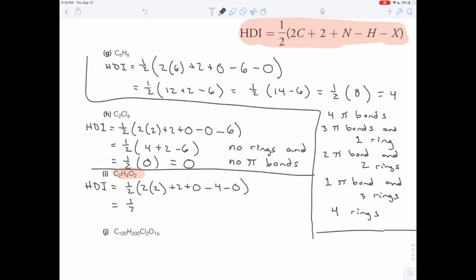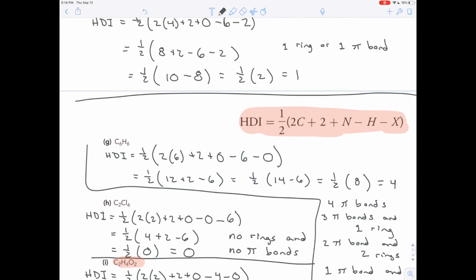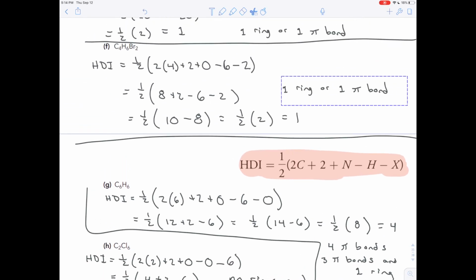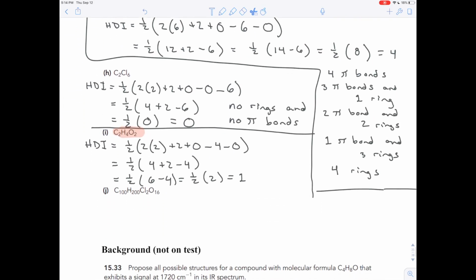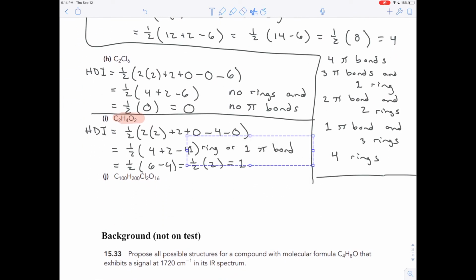So this is going to be 1/2 times 4 plus 2 minus 4, or 1/2 times 6 minus 4. That's 1/2 times 2, or 1. And we've seen that if you have just 1 degree of unsaturation, that means that molecule has either 1 pi bond or 1 ring.